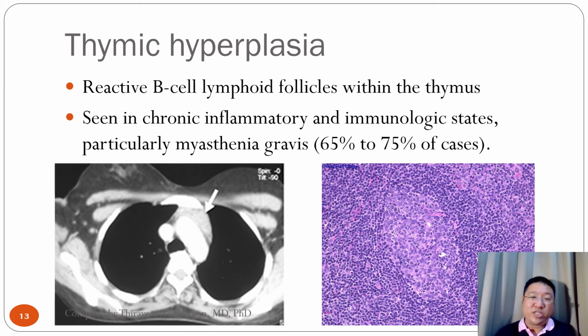All the patients with myasthenia gravis who are detected to have a big thymus need to have thymectomy, and thymectomy can save the lives of many patients.